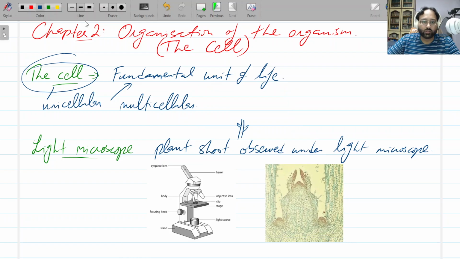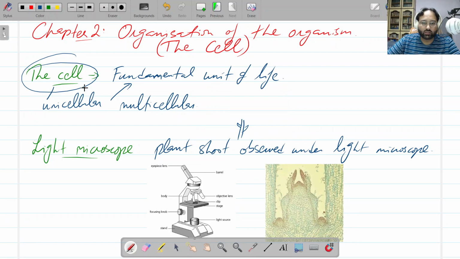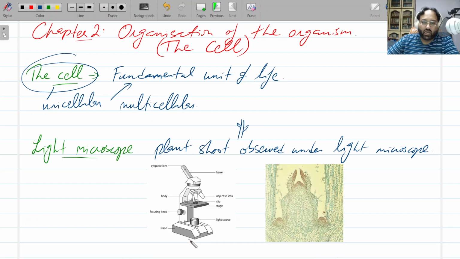Okay. So what we have over here is the light microscope, as you can see on the left. And if you're able to see it clearly, the base is a stand. Then over here you have a light source, so there's probably a bulb or something. This is the stage where something called a microscope slide is placed.